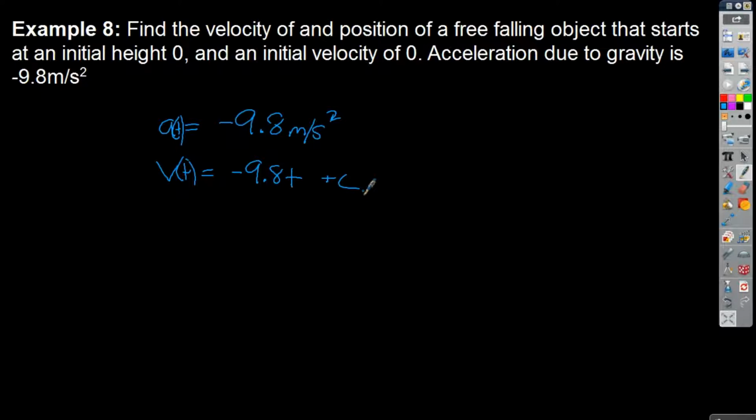I do know that the initial velocity was 0, so the initial velocity would be if t equals 0. So if I wanted to figure that out, I would say v of 0 has to equal 0. So in this case, c is 0.